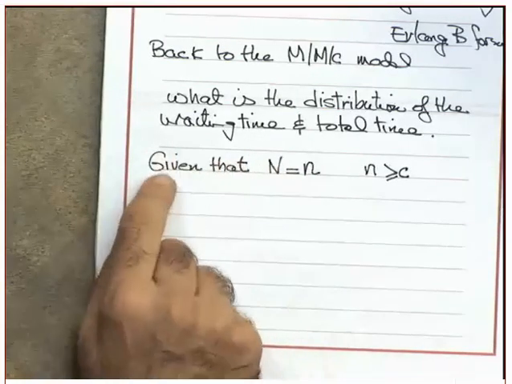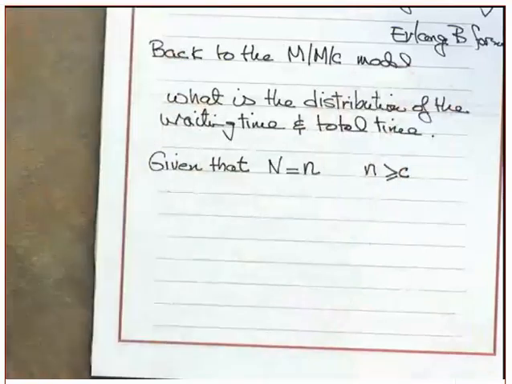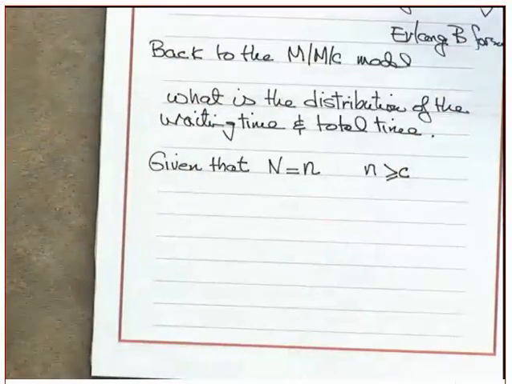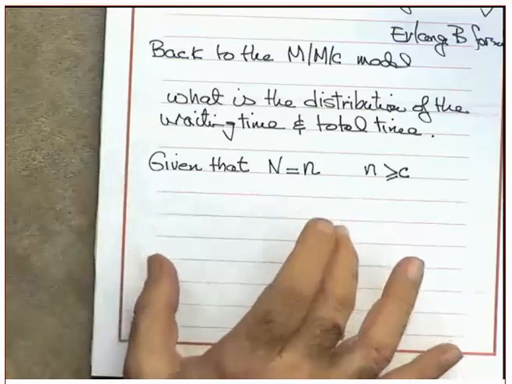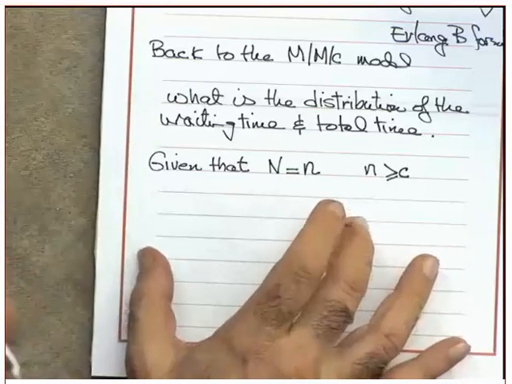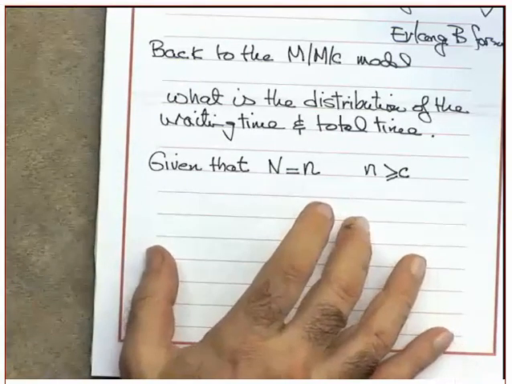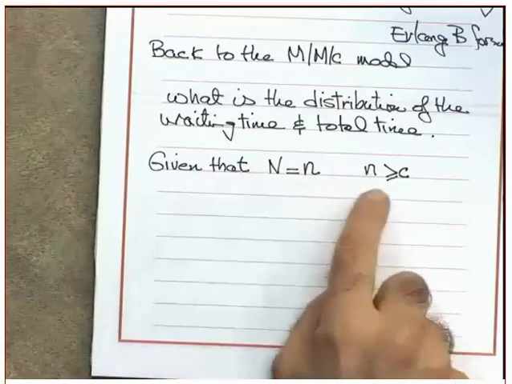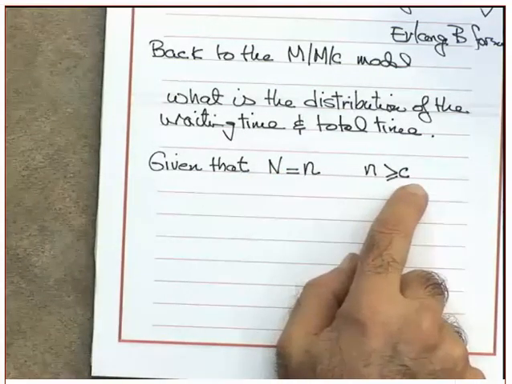Is it a random variable or no longer a random variable? No longer a random variable. I'm giving you the value of N. I'm going to find the conditional distribution, but then I need to average it over all possible values of N, such that N is greater than or equal to C.